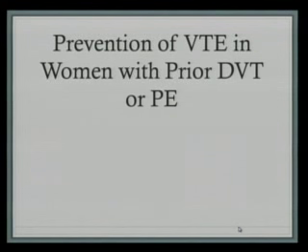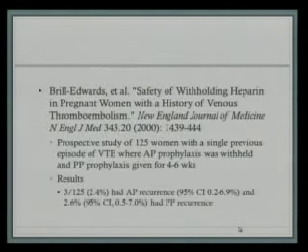So what to do with women who had a prior clot, a prior DVT or PE? Brill did a prospective study in 125 women who had a previous blood clot, and their antepartum prophylaxis was withheld and they were given postpartum prophylaxis. 95 of these women had blood drawn and about 48% of them had an abnormality in their thrombophilia workup.